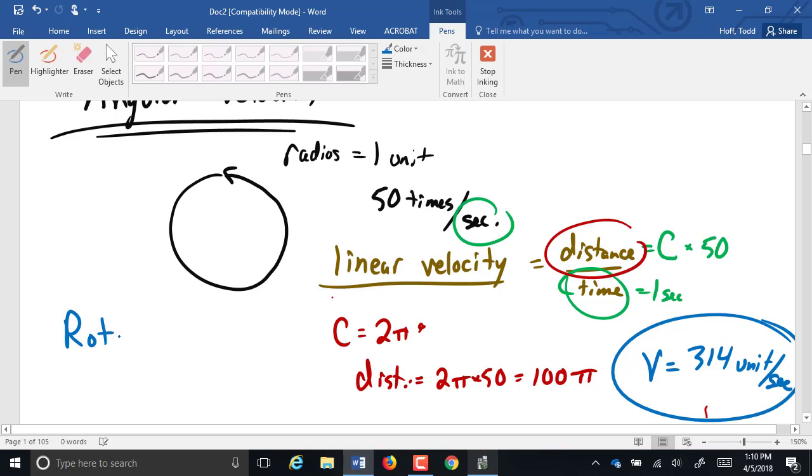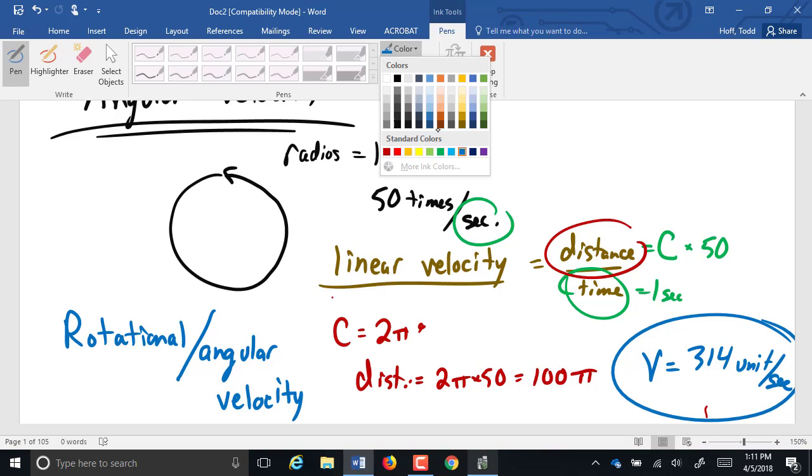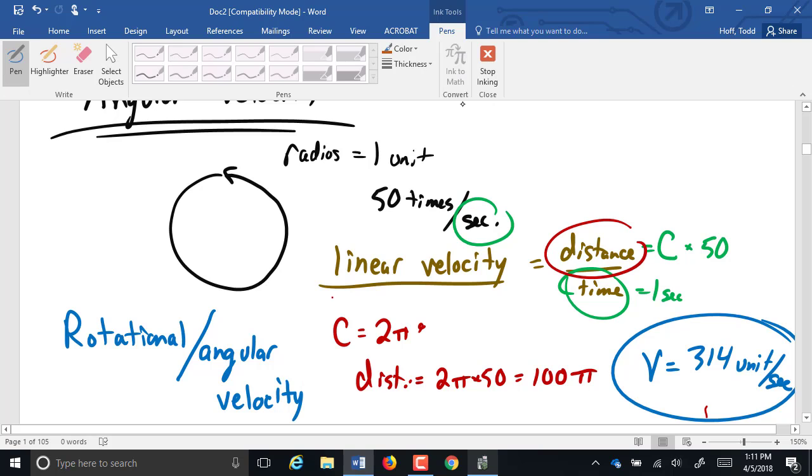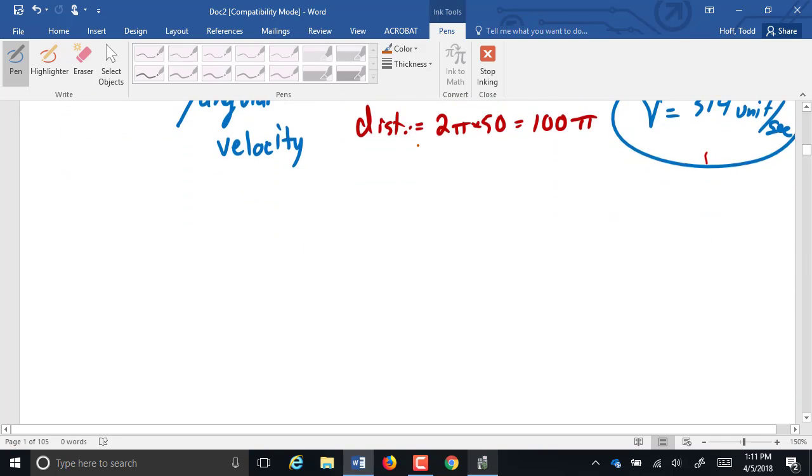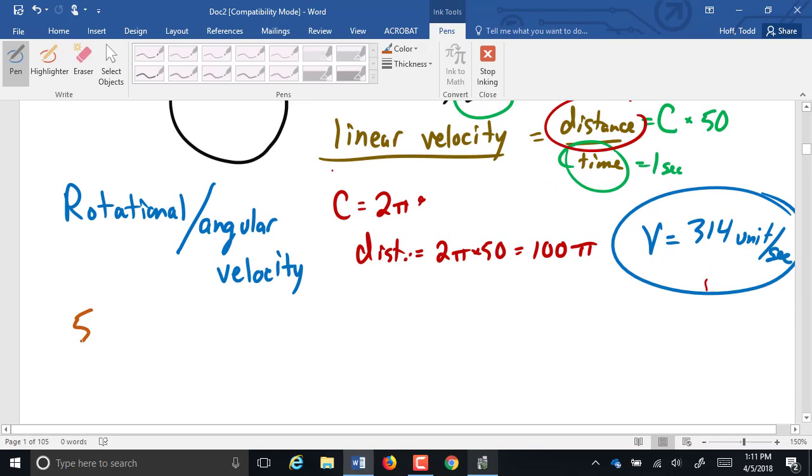But since this is going in circles, we can talk about the rotational or angular velocity. One thing that we've already actually talked about: what's RPM stand for?